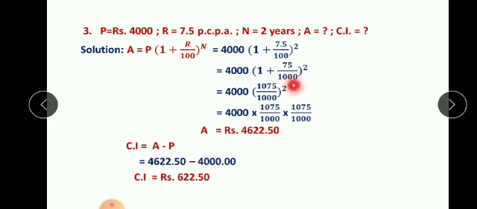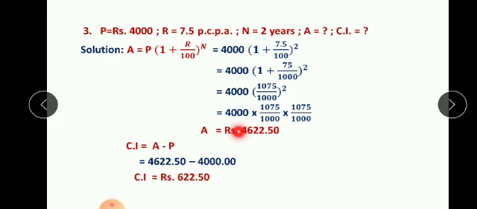So 1 into 1000 is 1000 plus 75, so 1075 upon 1000 and its square. So 4000 multiplied by 1075 upon 1000, its whole square. That means 4000 is multiplied with 1075 upon 1000. It is written twice, so it is multiplied twice.